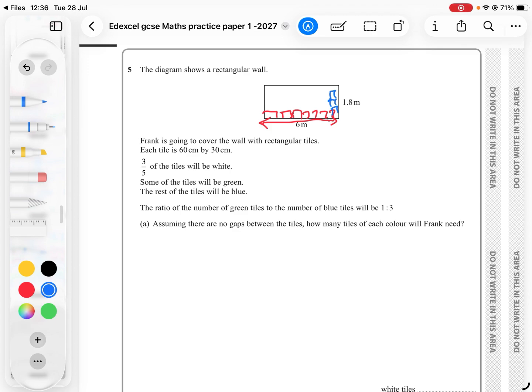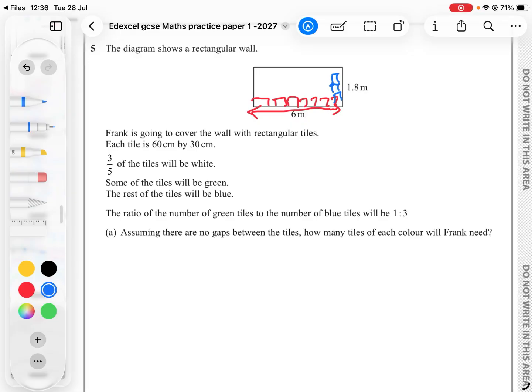Okay, so to do that, first find the number of tiles that can be placed along the length of the wall.